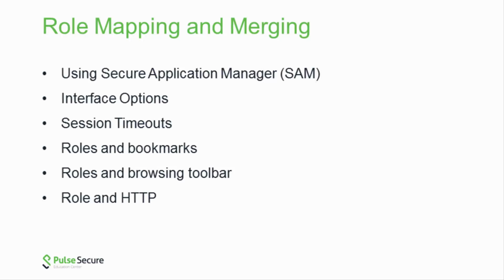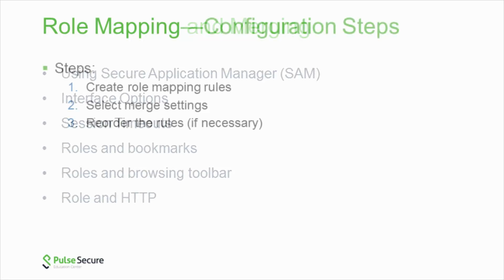An additional role merging rule is, when merging two roles where the first role disables the browsing toolbar and the second role enables either the framed or standard toolbar, the merged role takes on the settings from the second role and displays the specified browsing toolbar. An additional role merging rule is, the merged role uses the highest value listed for the HTTP connection timeout.